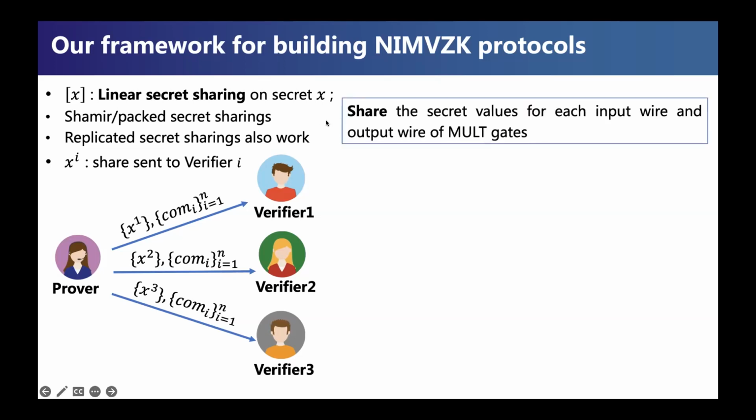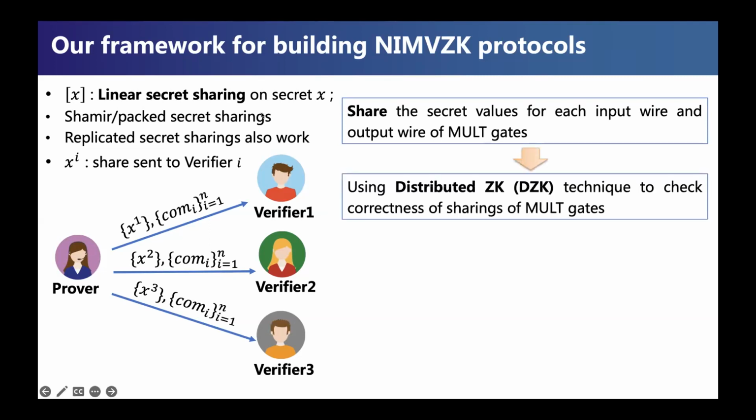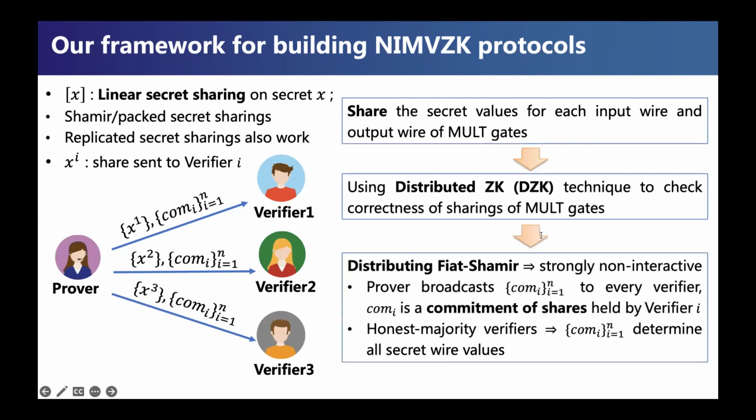For each input wire and output wire of multiplication gates, the prover shares the secret values to every verifier. Then we use the distributed ZK, that is DZK technique, to check correctness of a series of multiplication gates. To achieve strongly non-interactive, we propose the distributing Shamir technique.